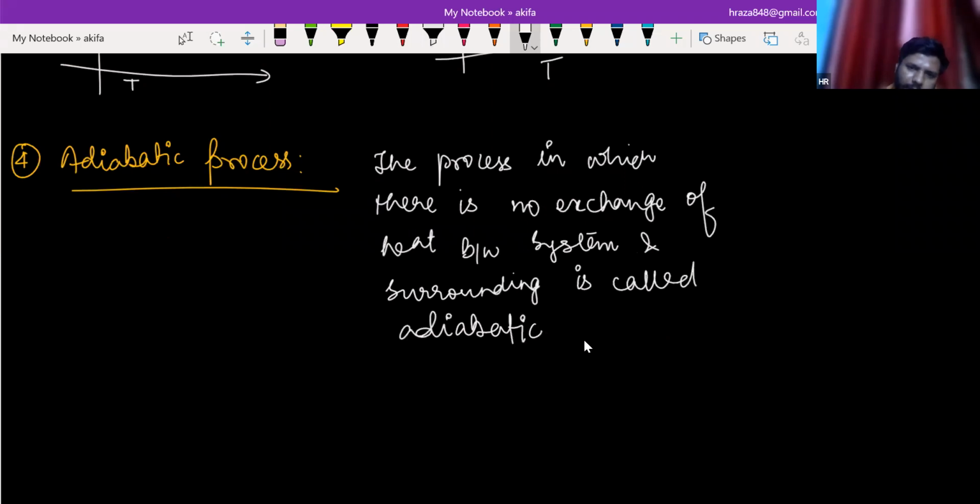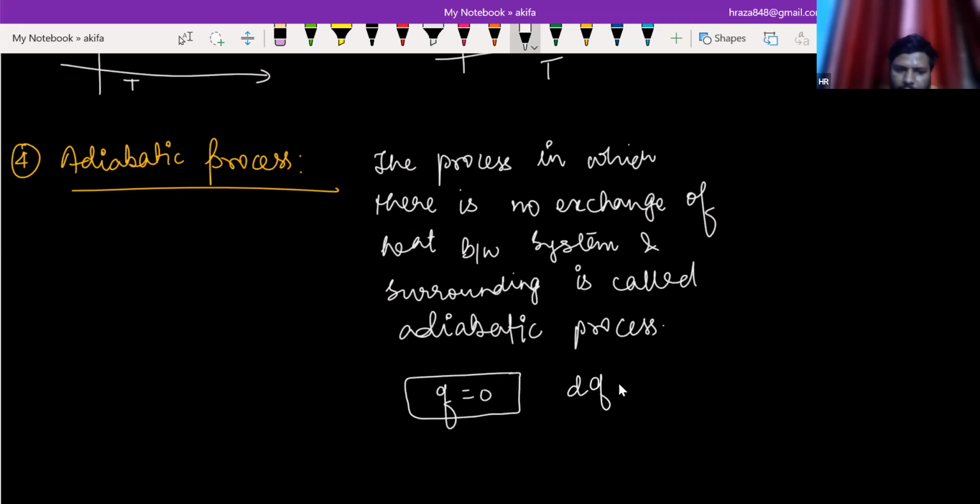Adiabatic process is one in which heat is zero. That's why dq, or delta q, is also zero.